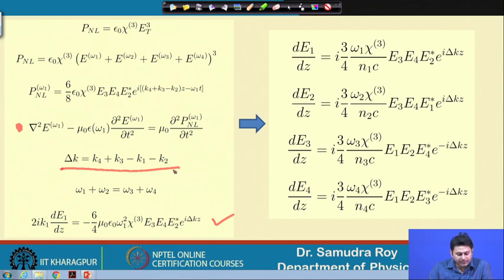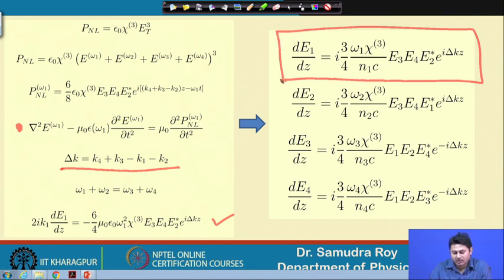So, if I simplify, it should be like this. I believe we have derived the electric fields of different frequencies so many times that you are now quite familiar with the procedure. So, you can apply the same procedure for the other three fields, and you can generate the evolution of all the fields.